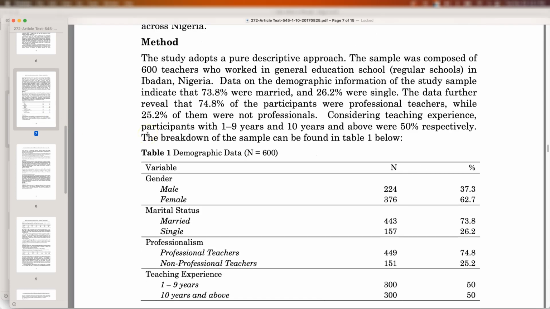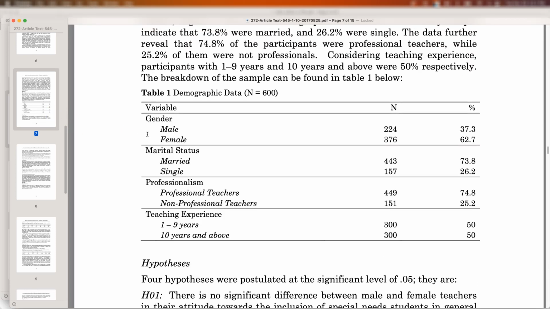All right, so if we look here, we have demographic statistics, and we see they have a fairly large group here. And if you're looking at this as a student in a program where you use APA style, I'll just say that this journal is not using APA style, so some things may be formatted differently than you're expecting.